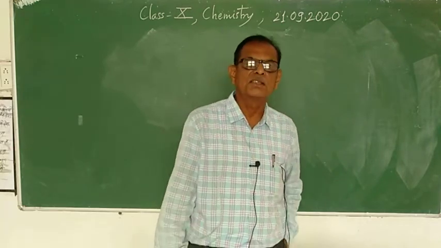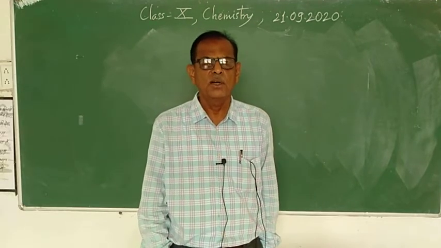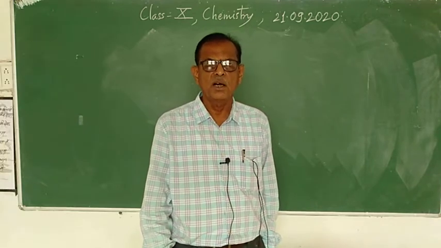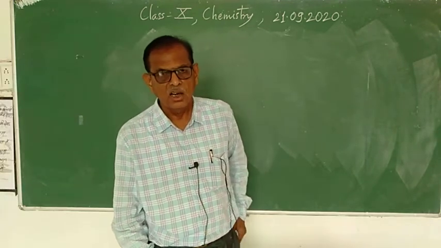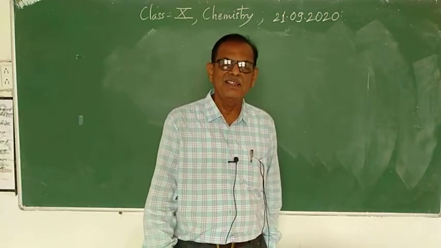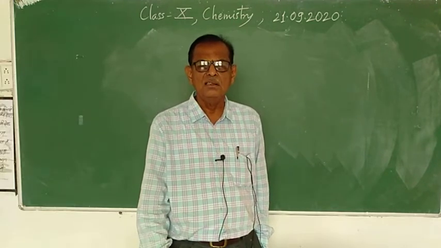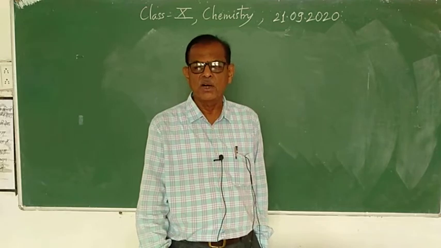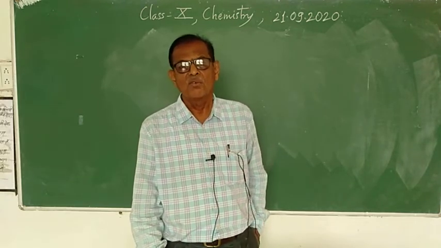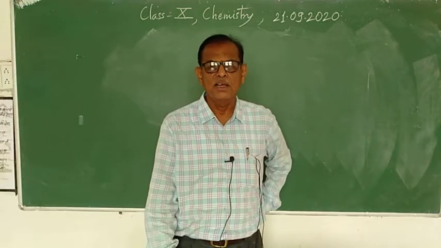Diamond has a very high melting point and boiling point. For example, the melting point of diamond is near about 3600 degrees Celsius, or 3873 Kelvin. As compared to diamond, graphite has a very low melting point. Graphite is a good conductor of electricity, while diamond is a poor conductor.